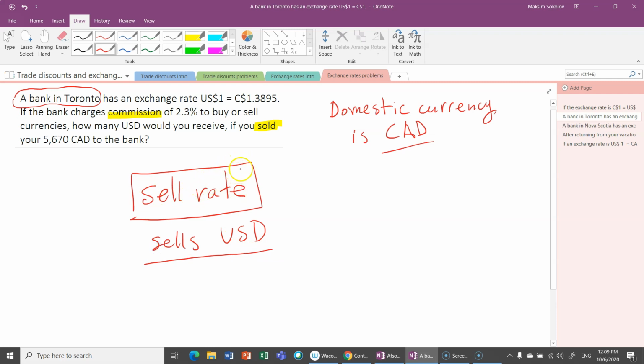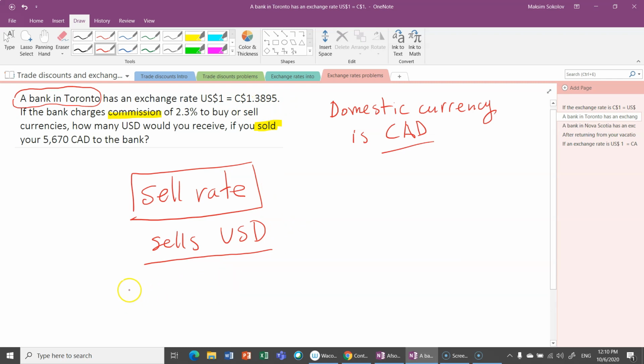So let's think about what happens now and how the bank is supposed to make money. The bank themselves will be buying currency from the market using the exchange rate. So then the bank will buy USD for this price, and then they will sell this USD to you. And of course, if they want to make money, they have to add commission on top.